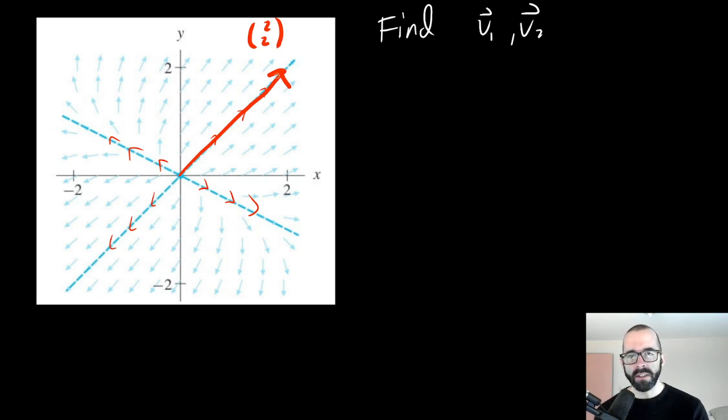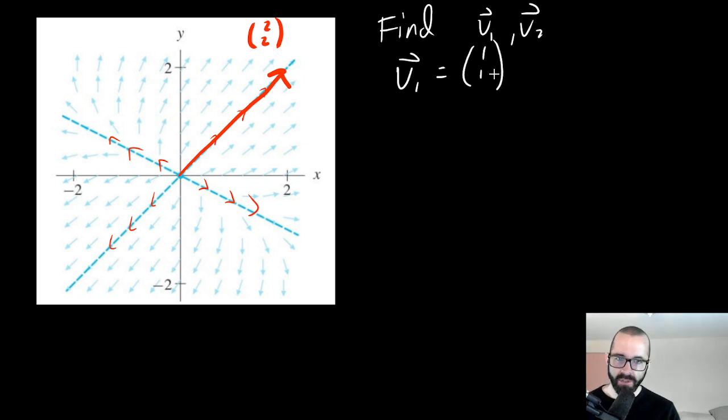Anything along this line, the direction field must be pointing directly towards the origin or directly away from the origin, and we can see that right here. So we have one eigenvector already. You could have your eigenvector be 2, 2, or 1, 1, or 3, 3. It just has to point in the right direction.